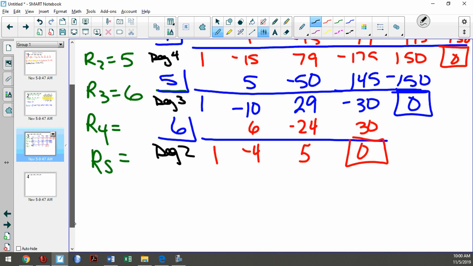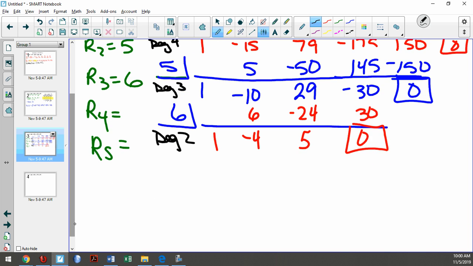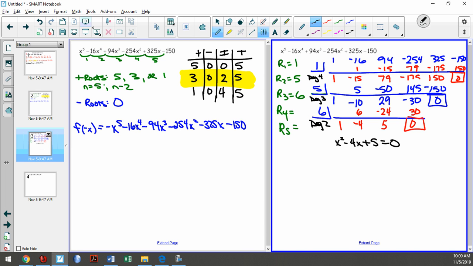So if I'm degree 2, what is my polynomial I have there? X squared minus 4x plus 5 is equal to 0. Now, according to my Descartes, those two remaining roots have to be what? So what do you think we should probably do from here? Quadratic. You have to do the quadratic formula.